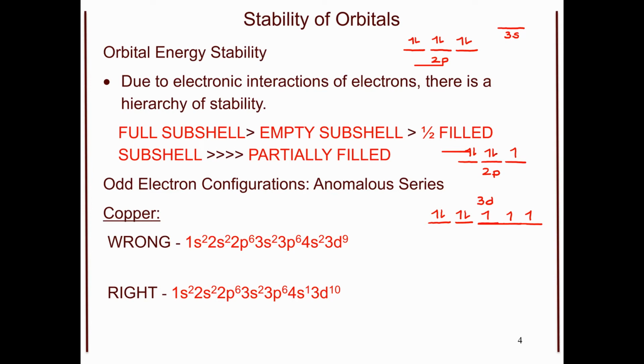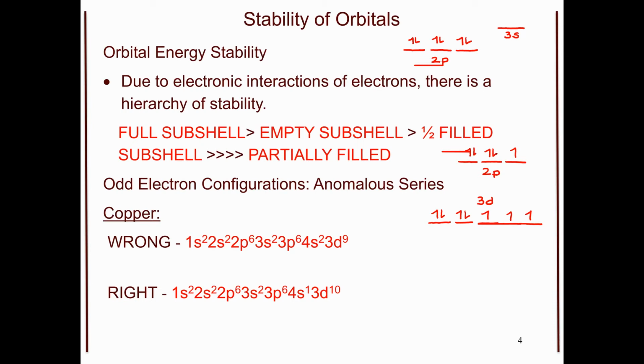Some atoms account for this, even though they don't follow the order that we're used to seeing. We call these the anomalous series, anomalous meaning they don't follow normal trends. So let's look at copper. Here, I have the periodic table filling order with the correct number of electrons.